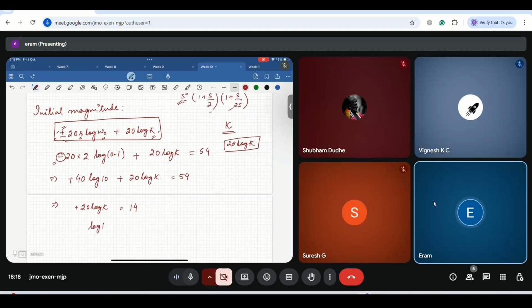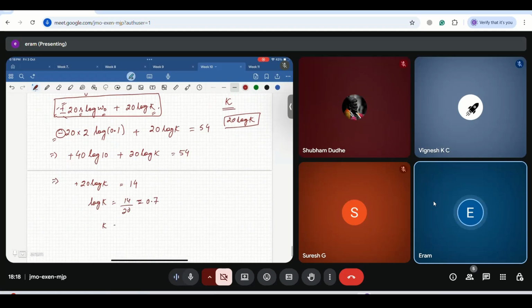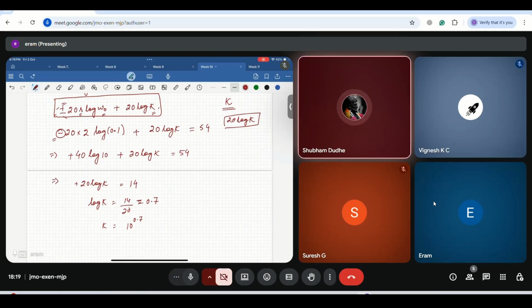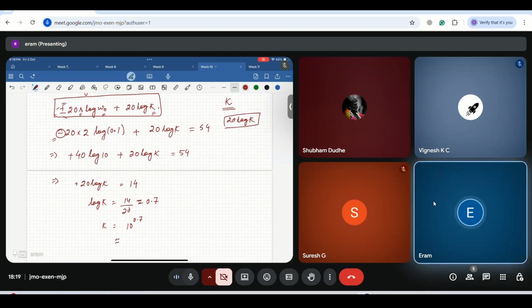The log k will be 14 by 20, which will be equal to 0.7. Then your k will be equal to 10 to the power 0.7. What is 10 to the power 0.7? 5.01. So it is almost 5.